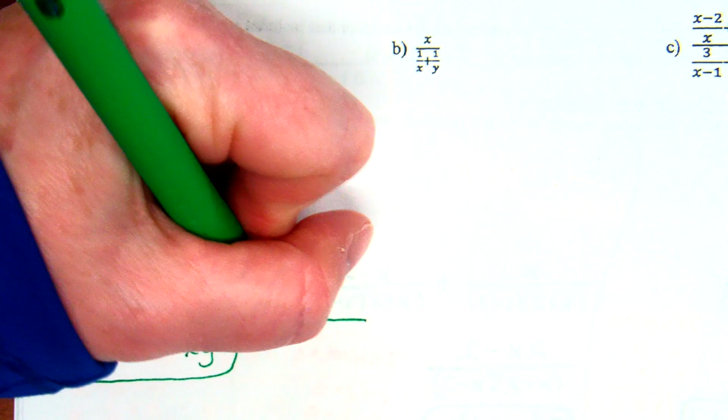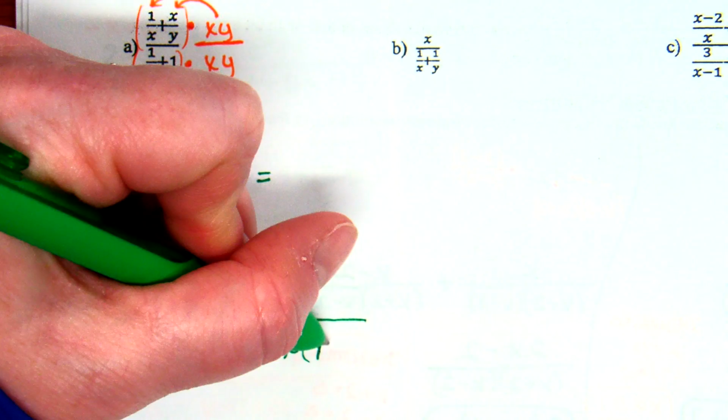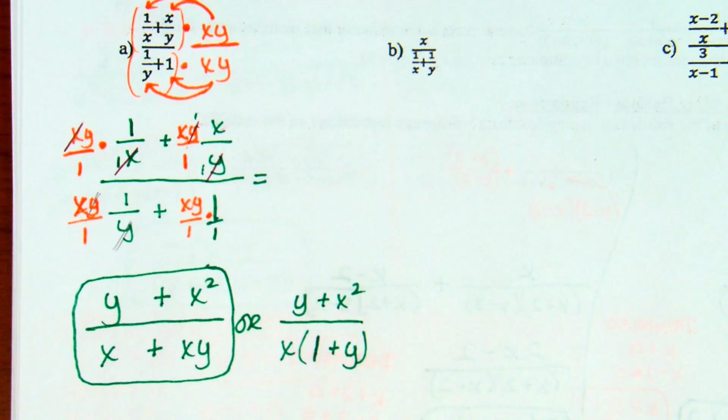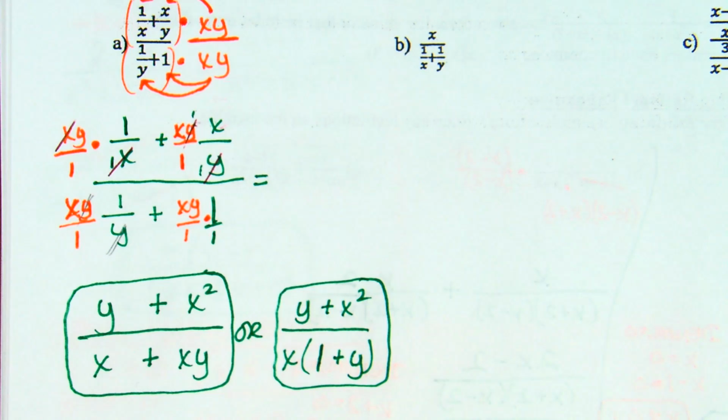If we factor that x out, x divided by x leaves me with 1. xy divided by x leaves me with y. The numerator, y plus x squared, is y plus x squared. Notice there's no factors in common. So that is an equivalent answer, but it's not like anything cancels that you could actually do anything with.